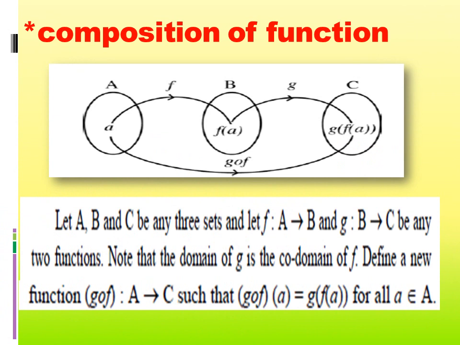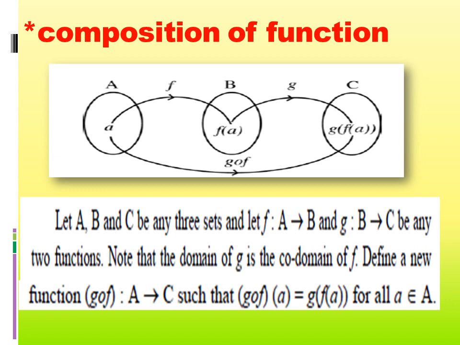Composition of functions. The domain of f is equal to A and the codomain of f is equal to B. g is a function from B to C. Then the domain of g is equal to B and the codomain of g is equal to C. Let A, B, C be any three sets.